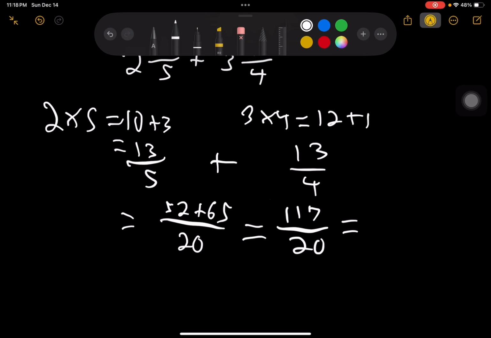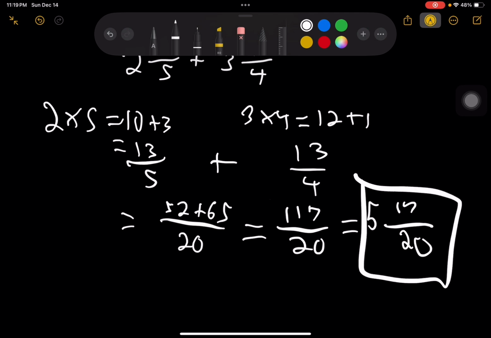Now, what is remaining? What is our remainder there? Our remainder is 17. So now what we have here is 117 divided by 20 is going to be 5, remainder 17 over 20. And that is our answer as a mixed number.